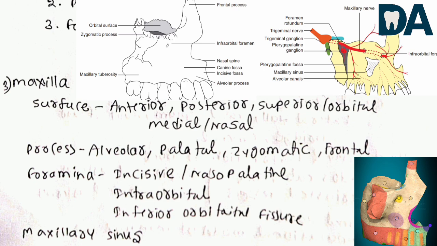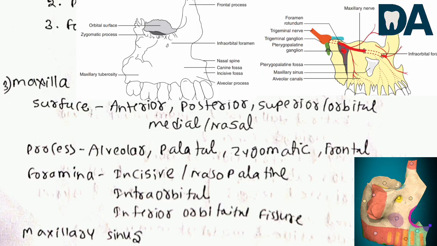Processes: alveolar process, palatine process, zygomatic process and frontal process. Alveolar process. It is the part of the maxilla that supports the upper teeth. Palatine process. It is a medial extension towards the midline, meeting the maxilla of the opposite side. It forms the floor of the nasal cavity and roof of the oral cavity.